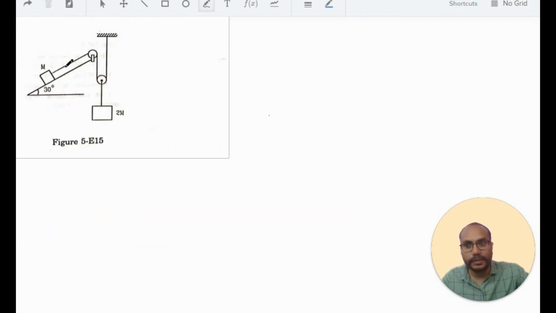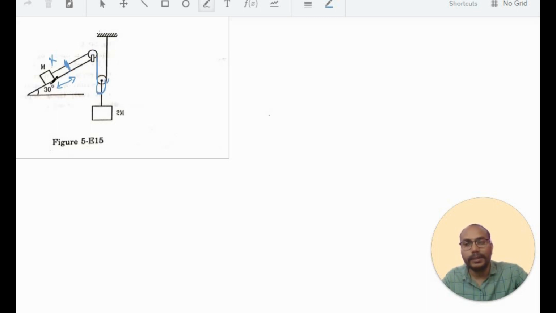Now see this figure. If mass m moves x distance upward, then what will happen? Then this string goes upward and folded this string 2 times.